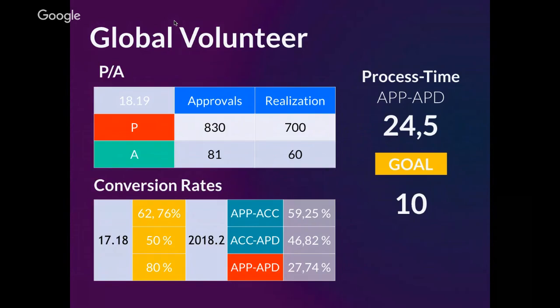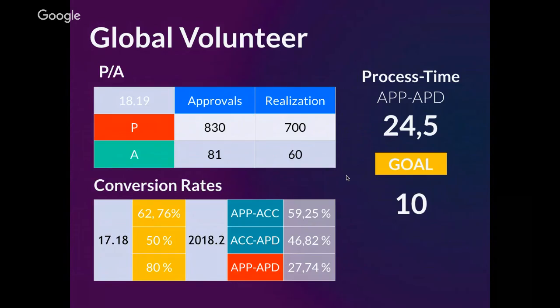The conversion rates that you're seeing, for the first one, 1718, is for the entire year. And the second row is for the first semester of applicant accepted, approved, and applied approved. As you can see, it is really low compared to last year.